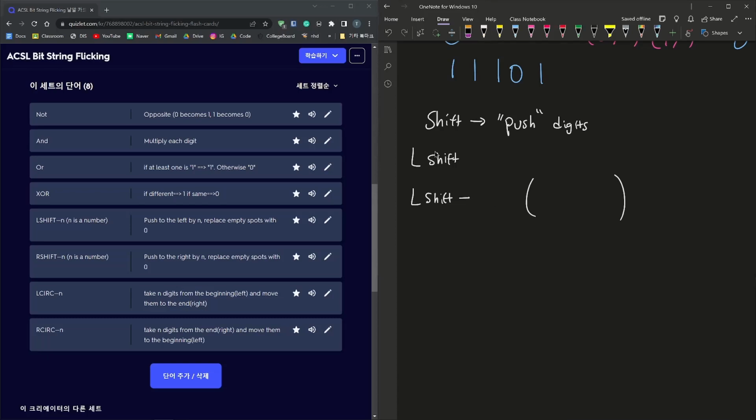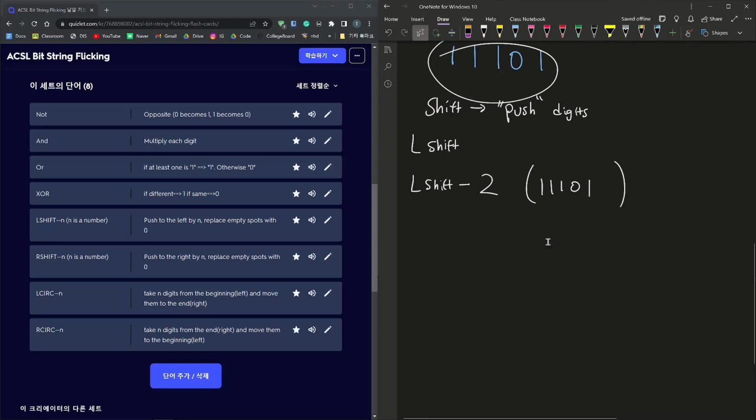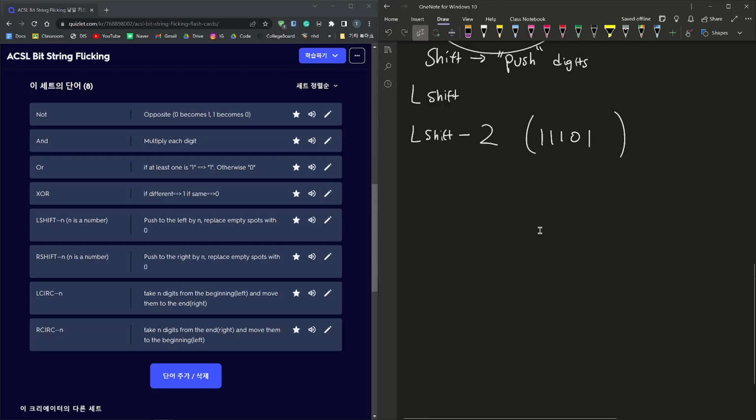Let's create an example. L shift 2, we see this one here, so let's just use this one, 1 1 1 0 1. Okay, here's the steps. We create seats for each of the digits, or spots for each of the digits. The definition says push to the left by n and replace empty spots with 0.